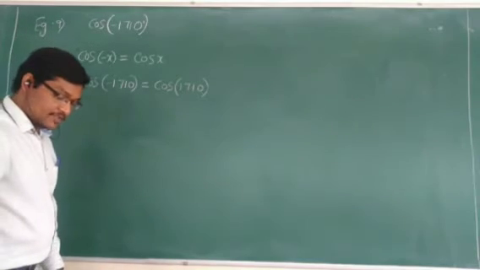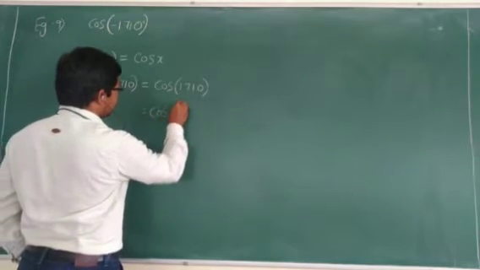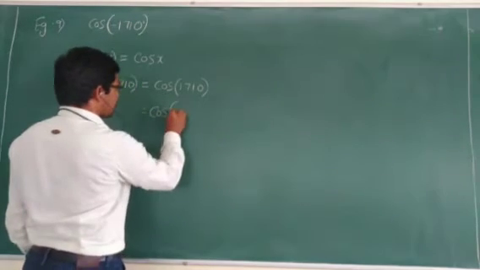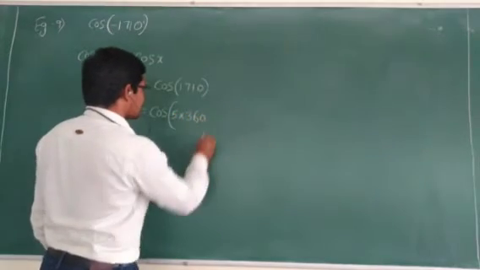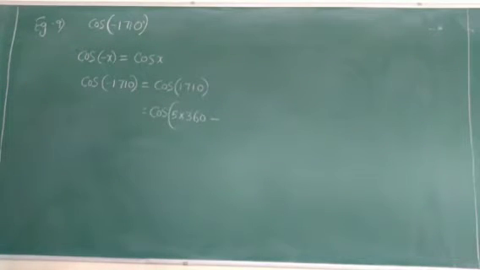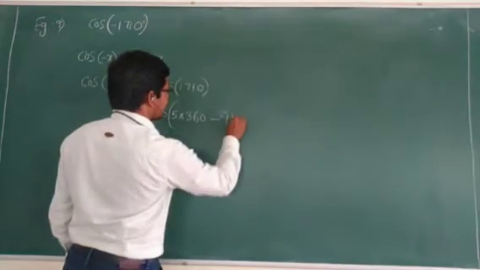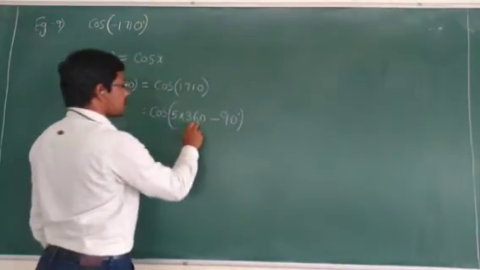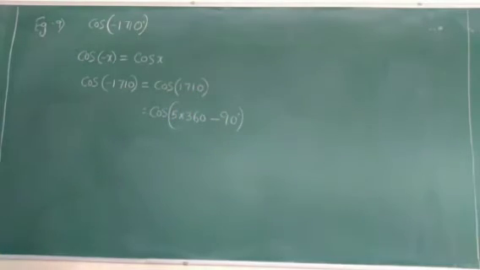Now this we can write as cos of 5 into 360 minus 90. If you take 5 into 360, that will become 1800, and 1800 minus 90 will become 1710.